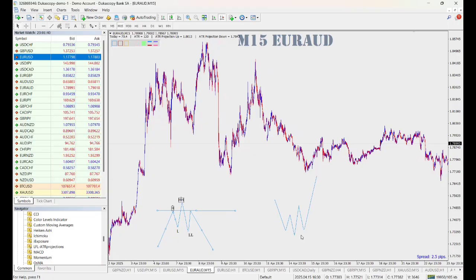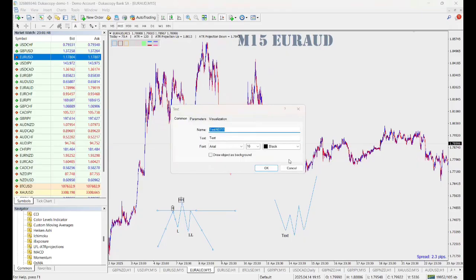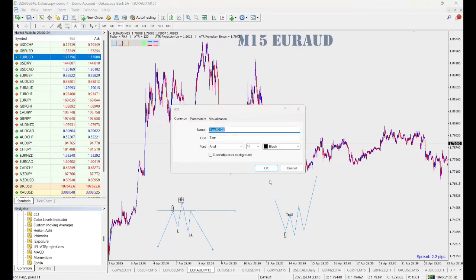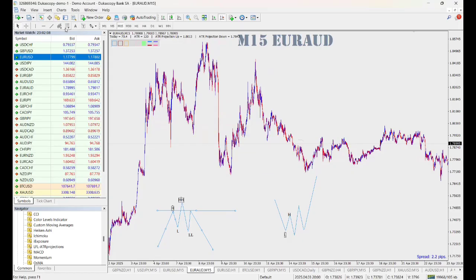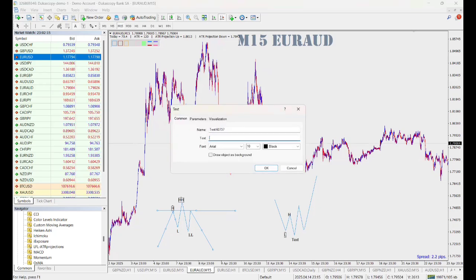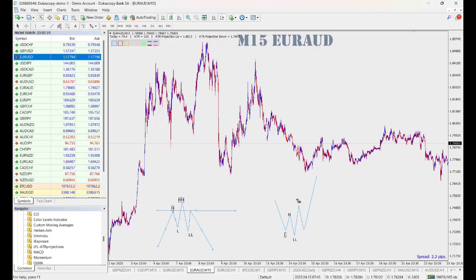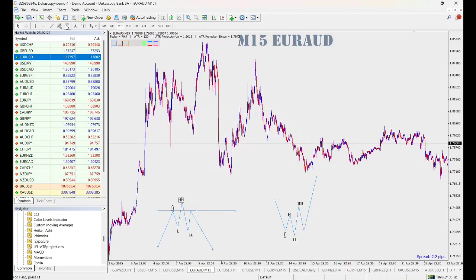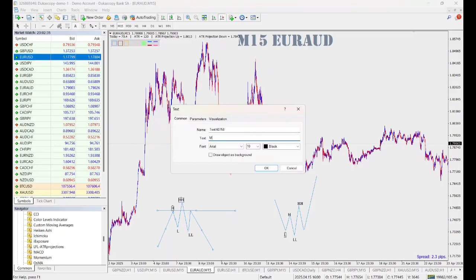So if the trend was bearish, moving down, we'd see a low, a high, a lower low, a higher high, and then price will come back to our QM level.